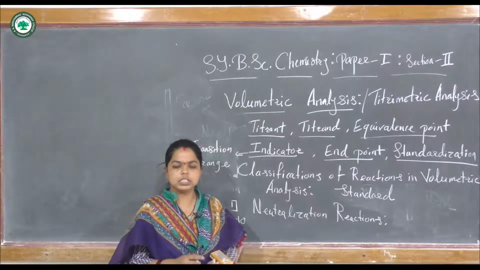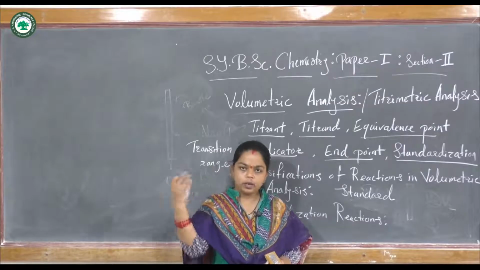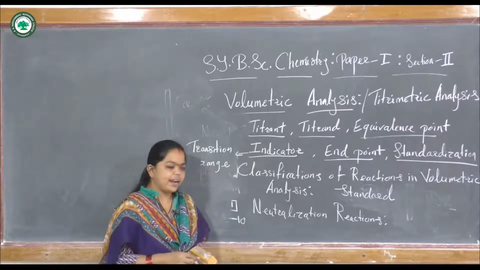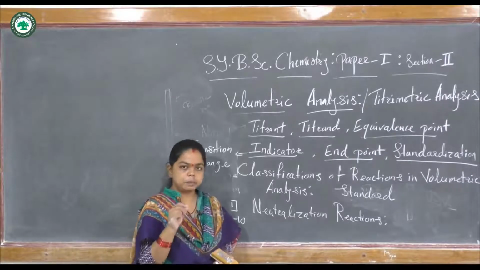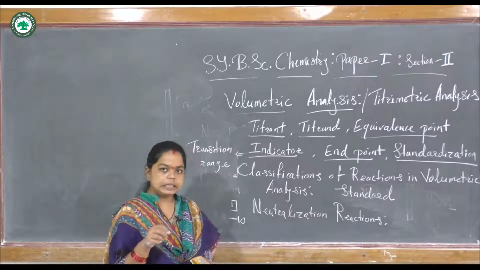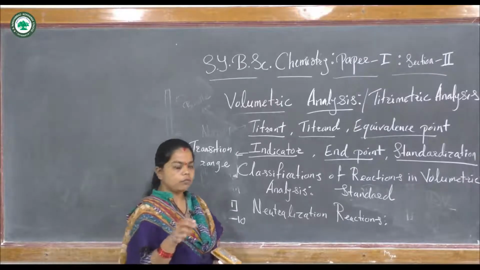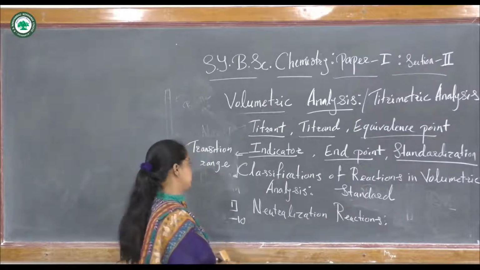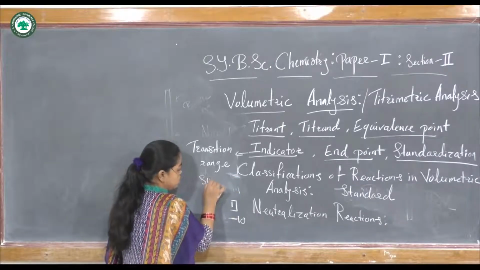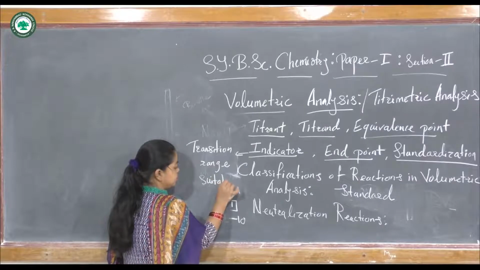Their pH range is found to be different. So accordingly, we have to use different types of indicators. So depending upon the pH at the end point, we have to take a suitable indicator for that particular titration.